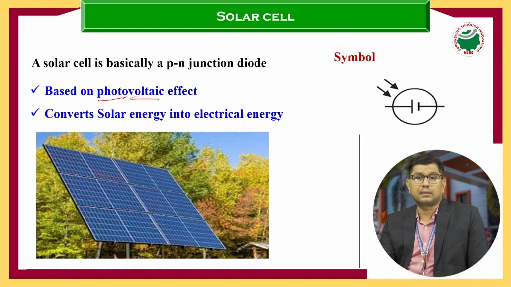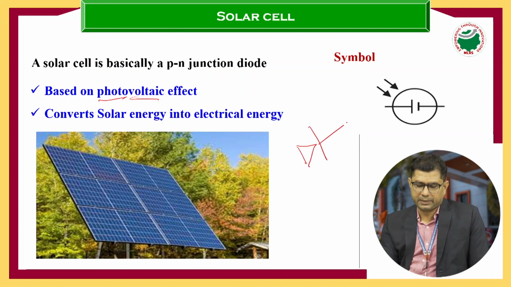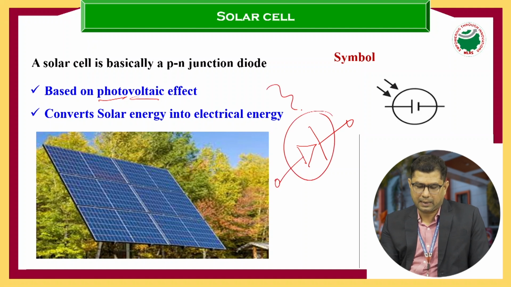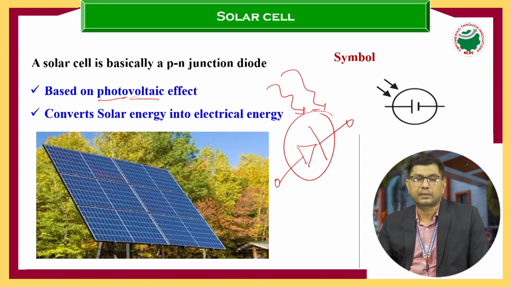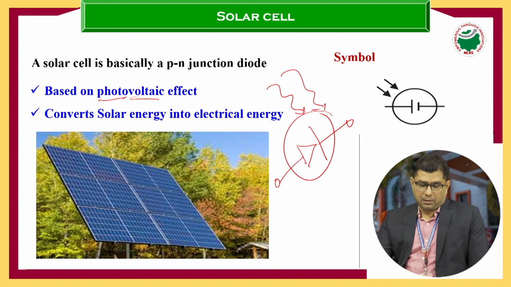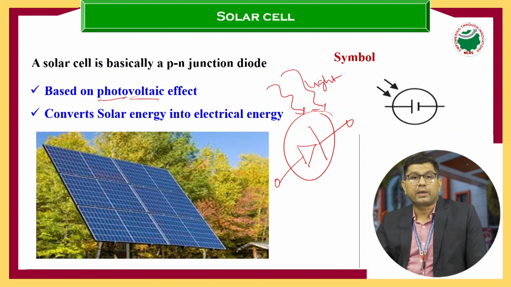When you consider the symbol of a solar cell, it looks very similar to a PN junction diode, but here we represent light being absorbed. See, the arrow mark is important. When we consider an LED, the light symbol arrows move outward.